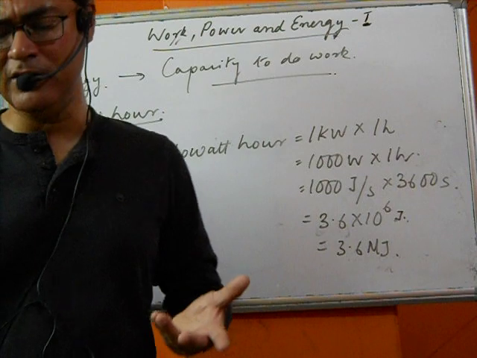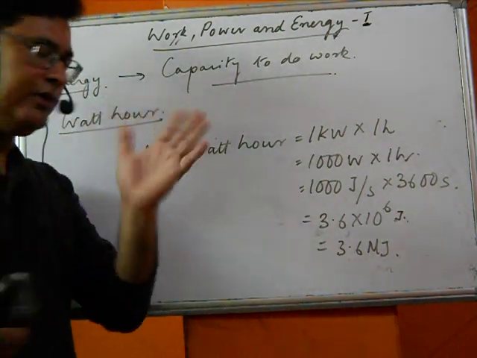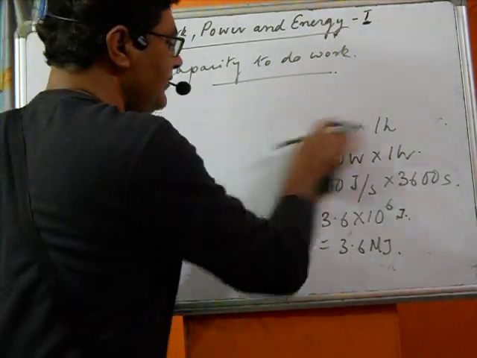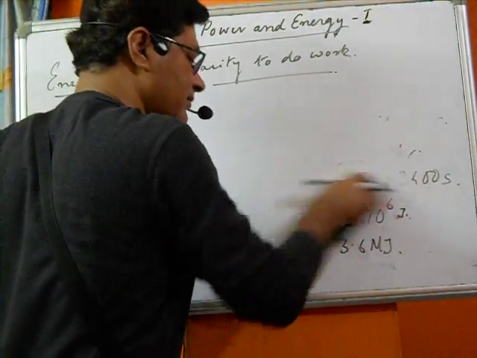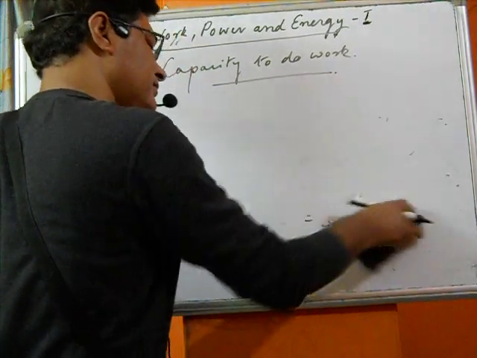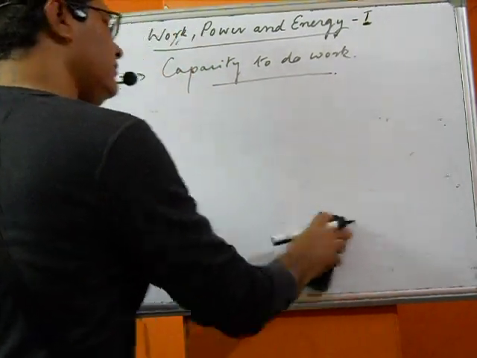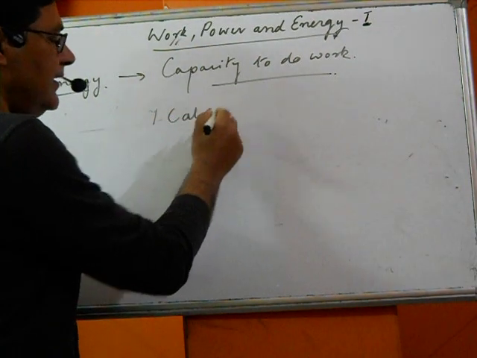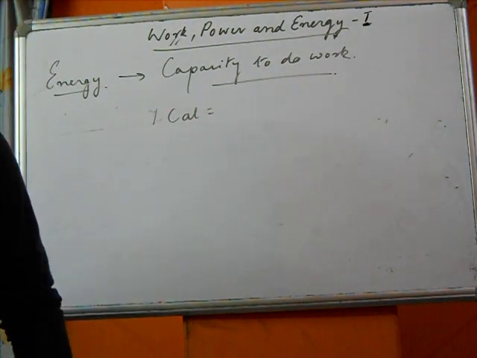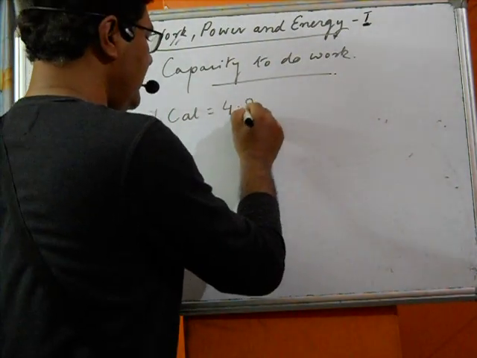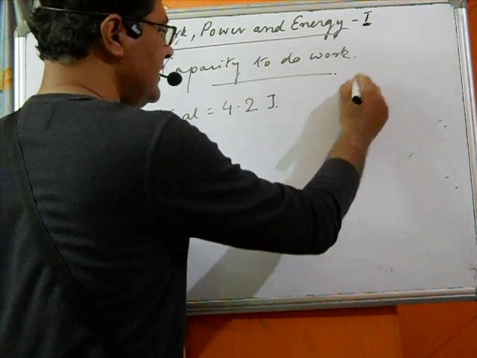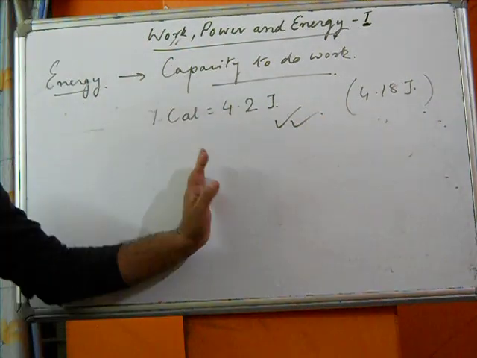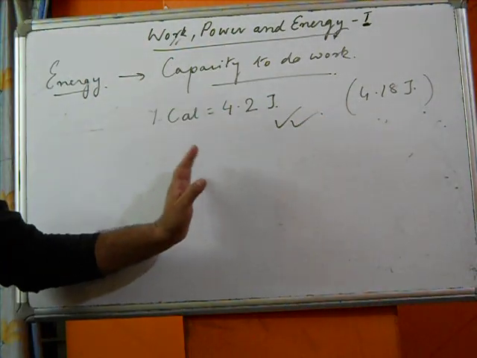This is one of the commonly used units, and you should know the conversion. 1 calorie equals 4.2 joule. To be precise, it is 4.18 joule, but you can write 4.2 joule. This also comes in exams.